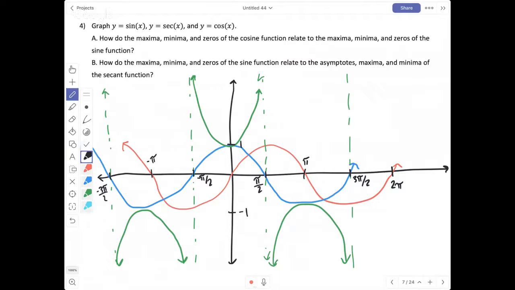And then what kinds of things are we supposed to notice about? We are supposed to notice, and I'm going to do my noticing in purple, that whenever sine is at a 0 point, zero of sine, then cosine is at either a minima or a maxima.